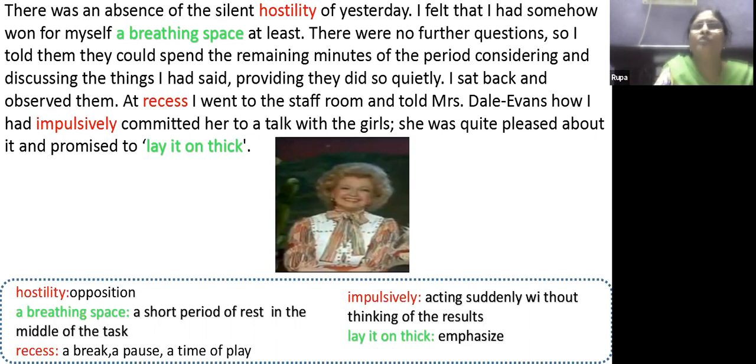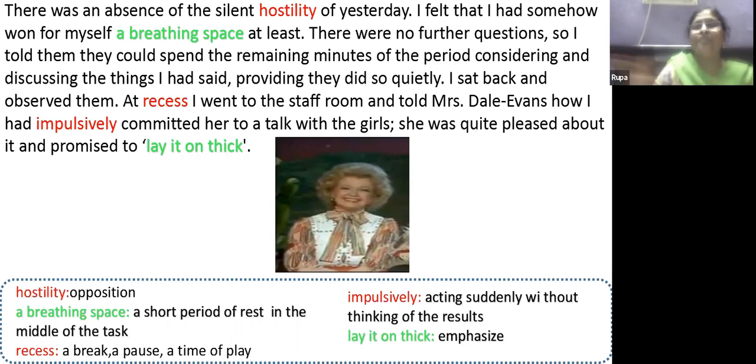He told them to have a discussion among themselves about the various topics they dealt with in the class that day. But he laid down a condition, providing, means he put a condition. What was that condition? That they are not going to make noise, that they are going to have the discussion very quietly, without disturbing and without making a lot of noise.